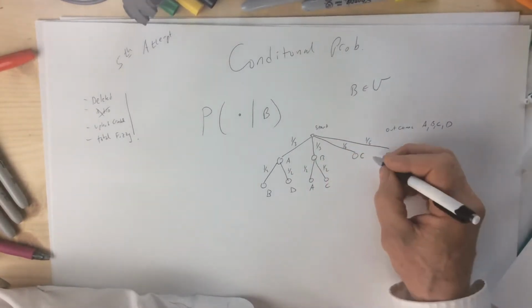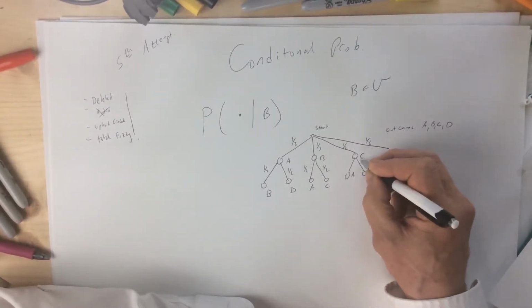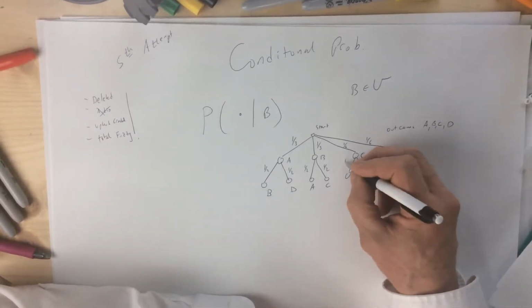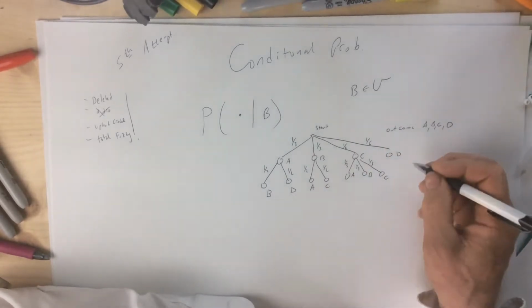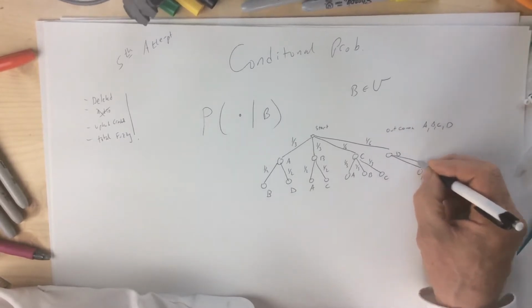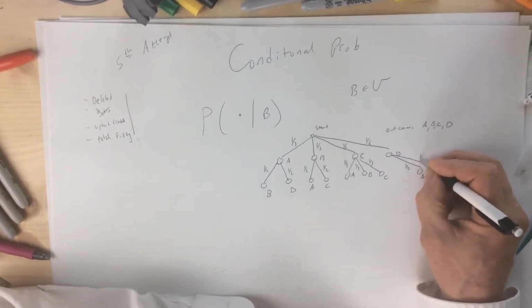If you get an outcome C, 3 things can happen. You can have an A or a B or a C again, and they're also equally likely. And then lastly, if you get a D, you can either get an A or a C, and I make these equally likely as well.